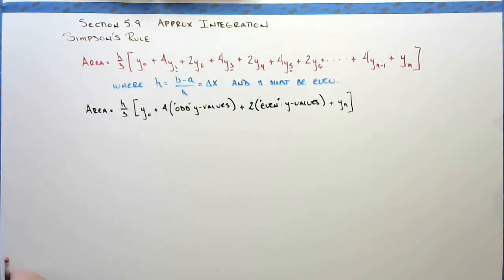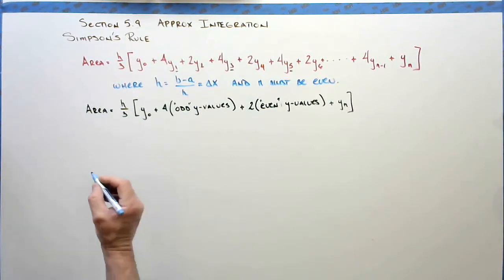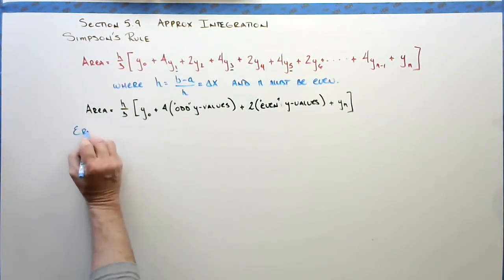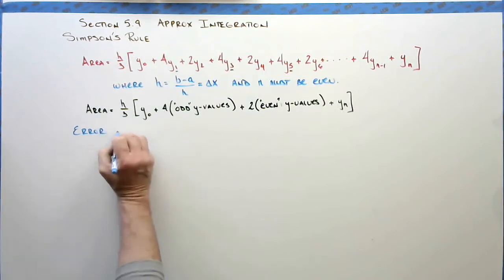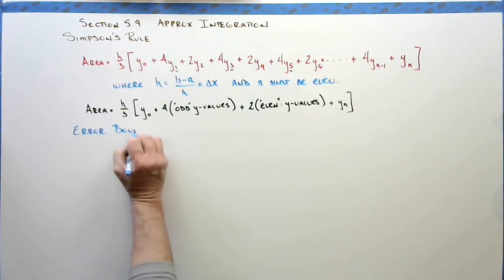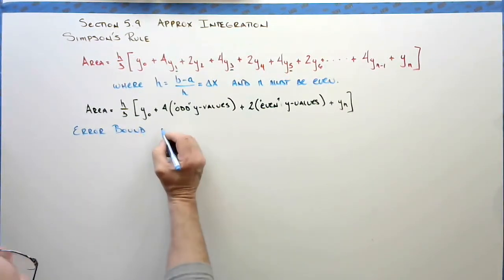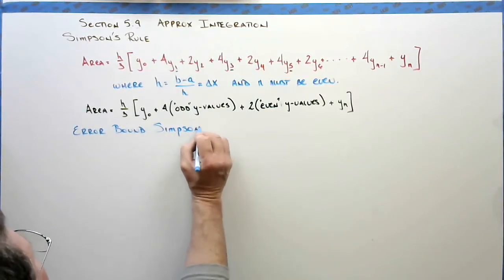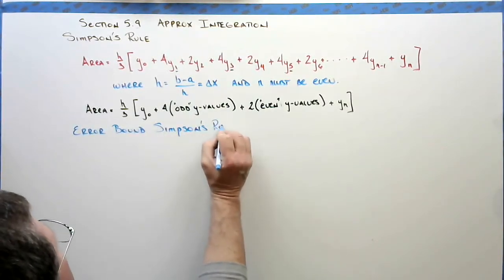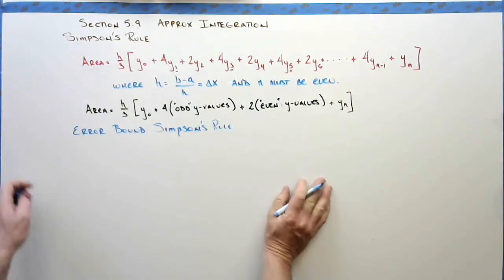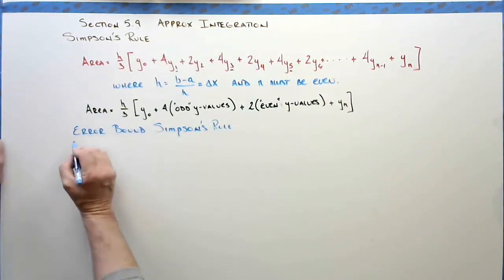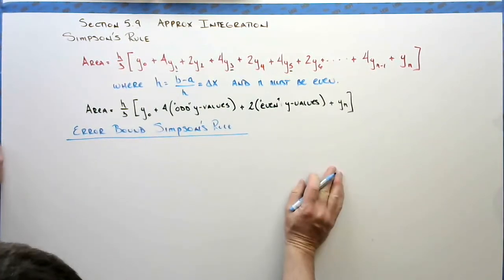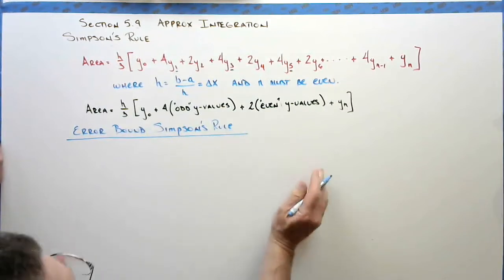So what's the formula for the error bound for Simpson's rule? Well, the error bound for Simpson's rule is very similar to the error bound we used for the trapezoid rule and the midpoint rule.